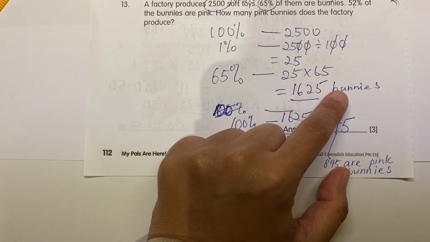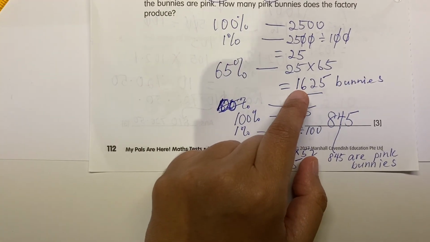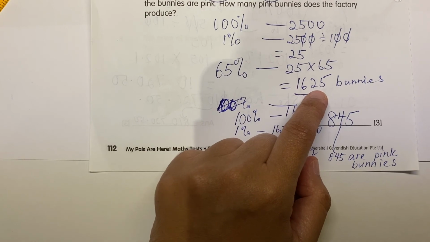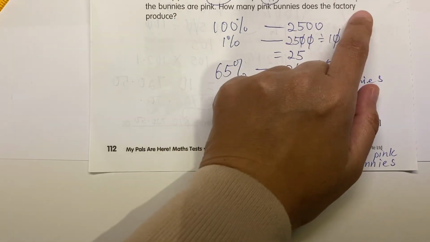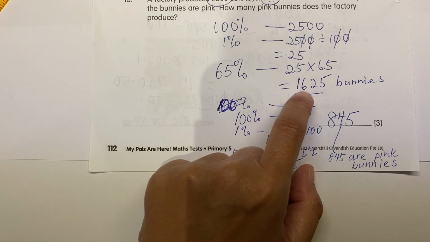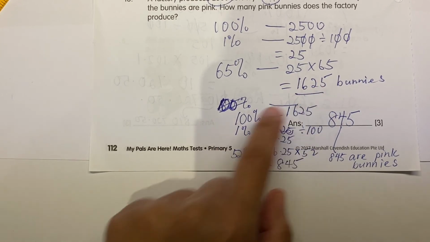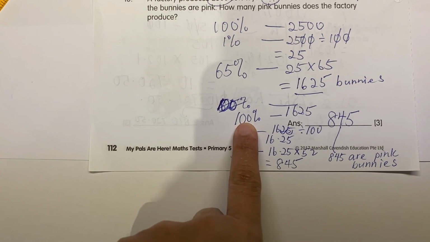But the other part of the question said that out of these 1,625 bunnies, only 52% are pink. Maybe they have other colors, it can be pink, blue, yellow. So out of this 1,625, 52% are pink. That's why we have to work out another 100%.